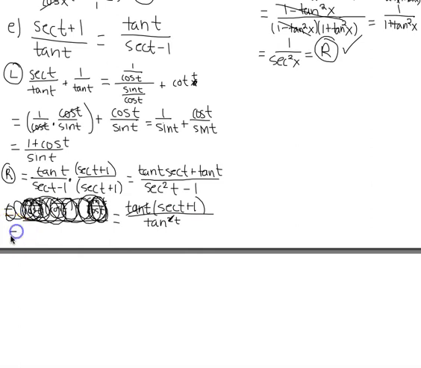So now what I have is secant t plus 1 over tangent t, which, lo and behold, that would have been my original left side.